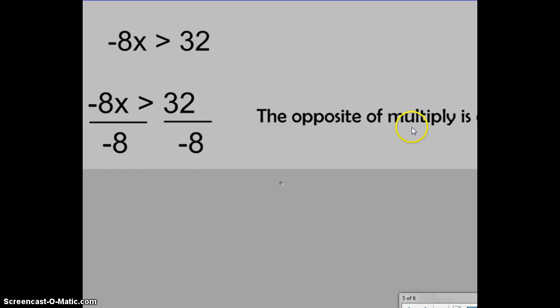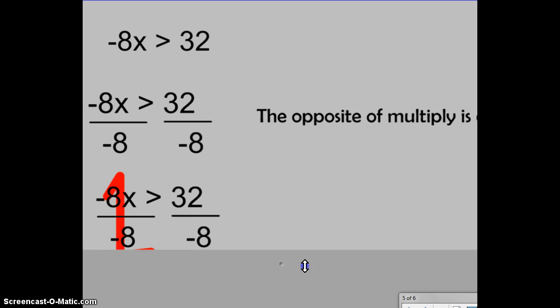The opposite of multiply is divide, so I am still going to divide by a negative 8, just like I did when I had my equation. And just like with my equation, a negative 8 divided by a negative 8 is going to be a positive 1x.